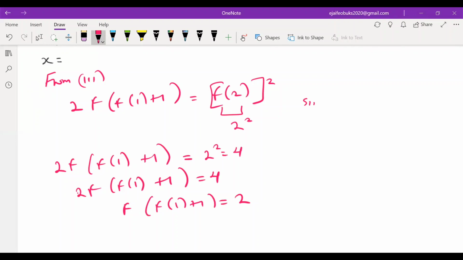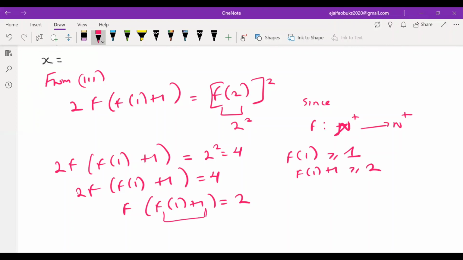Since f is from the set of positive integers to positive integers, N to N, then we know that f of 1 has to be greater than or equal to 1. So f of 1 plus 1 is greater than or equal to 2.